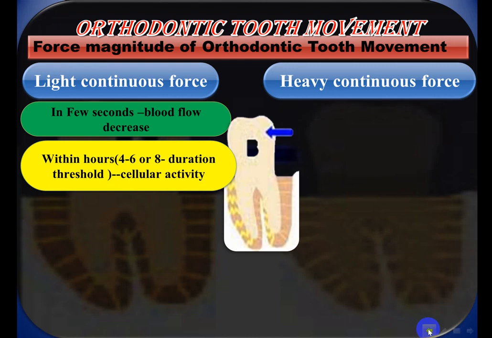This amount of time, which ranges from 4 to 6 or 4 to 8 hours, is the time we need to keep the light continuous force applied continuously to the teeth in order to induce cellular differentiation and cellular activity in the area surrounding the tooth, I mean in the PD ligament space.